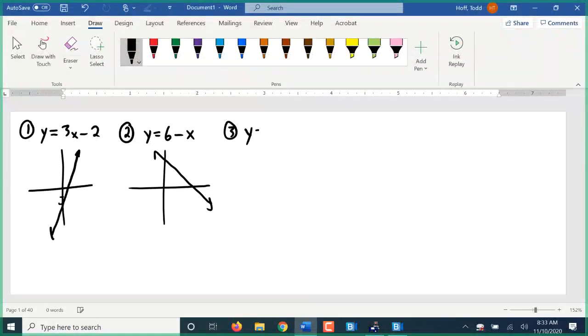Number 3 gets a little more interesting. y equals x squared plus 2x plus 1. Obviously, this is not going to be a line.